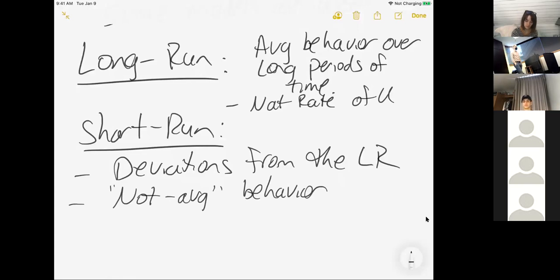I don't know if there's a word in the English language that completely captures not average. Maybe exceptional, but I'm not sure that quite captures it either. Behavior that's not average, such as cyclical unemployment, deviations from that natural rate.